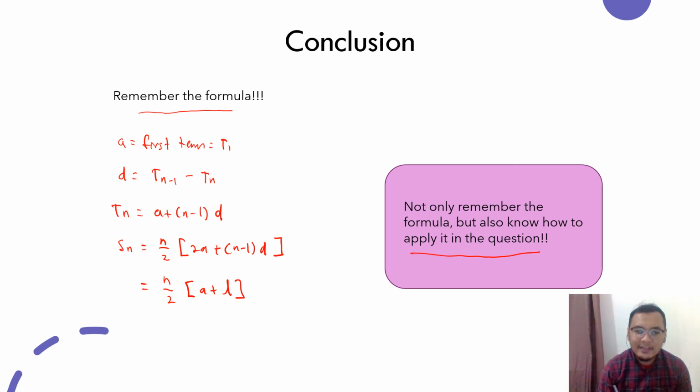That's correct. And the last one is Tn equals Sn minus Sn minus 1. I think that's all for the conclusion.